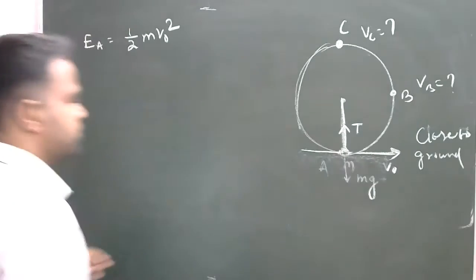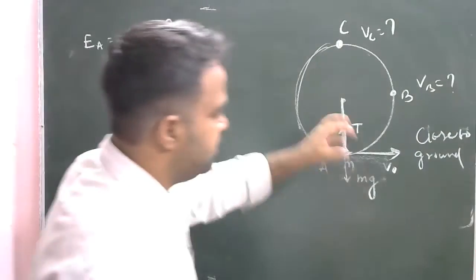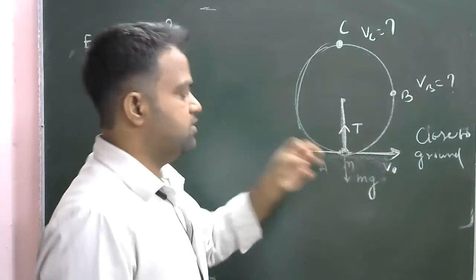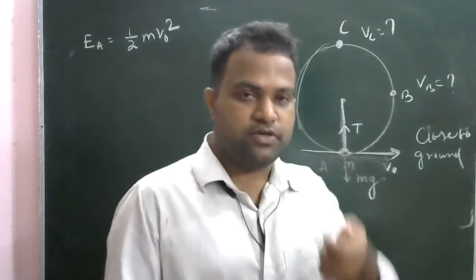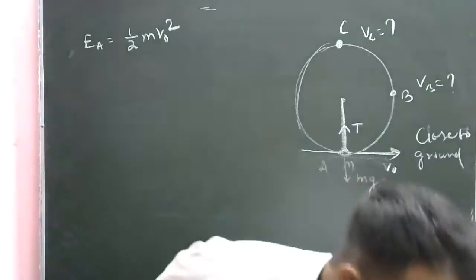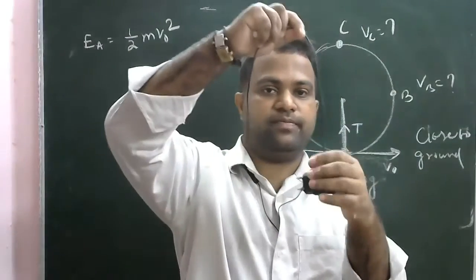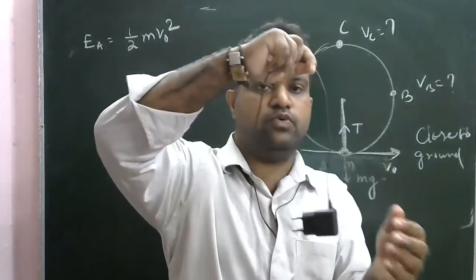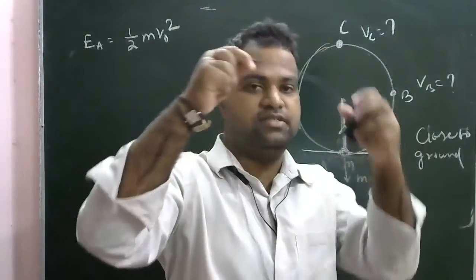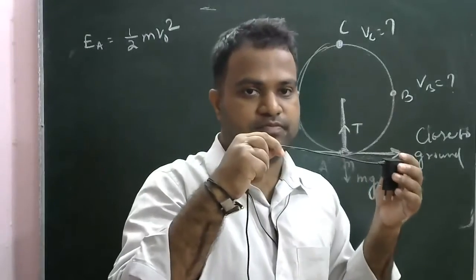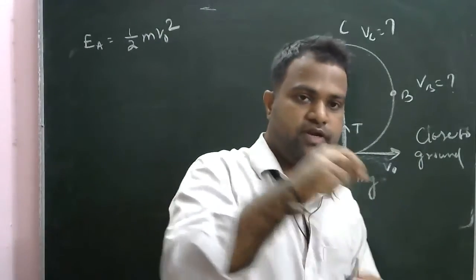So T will be greater than mg, and this difference, T minus mg, is because you should pull. If I am hanging here, I should pull it more than its outward force, that is mg, or a component of mg at a different position.